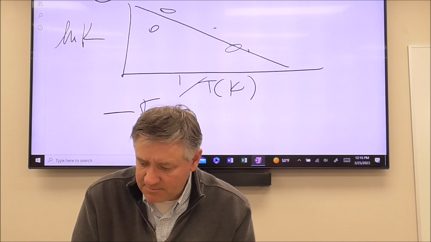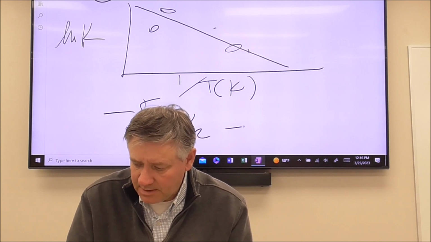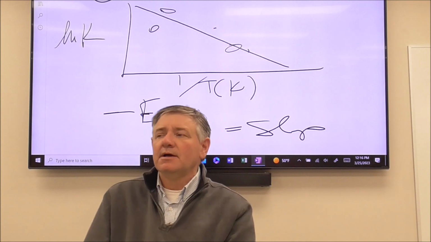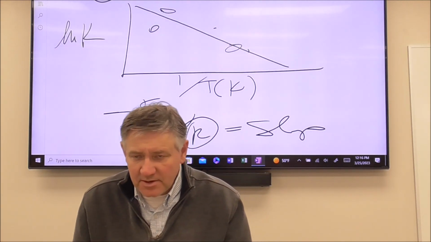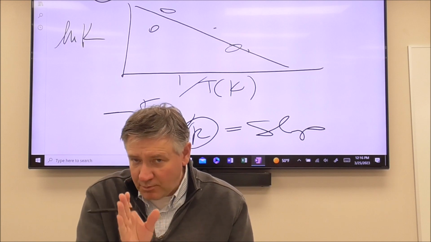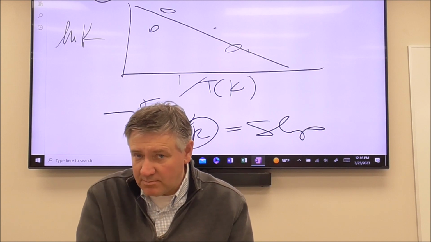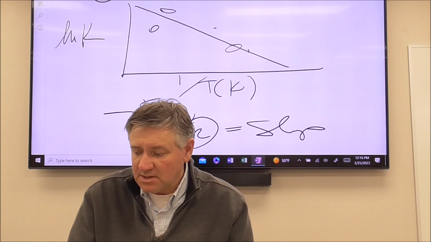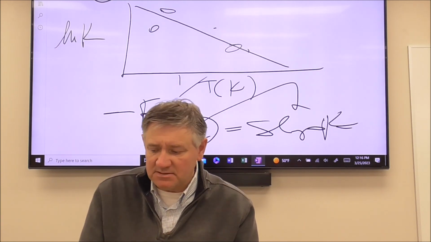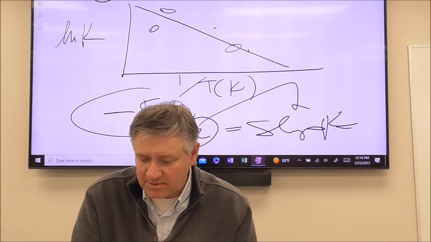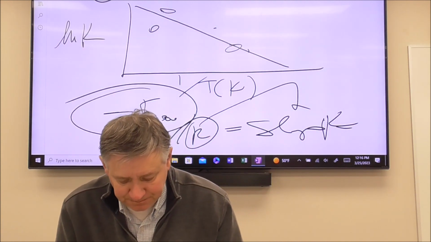You're going to use negative E sub A over R equals slope. Make sure that you're using the R value of 8.314 joules per mole Kelvin. That way, when you multiply that slope by Kelvin, the Kelvins cancel out, and you get units of joules. That's what activation energy is equal to.